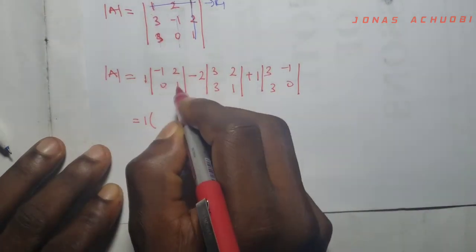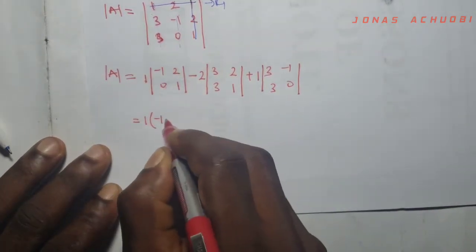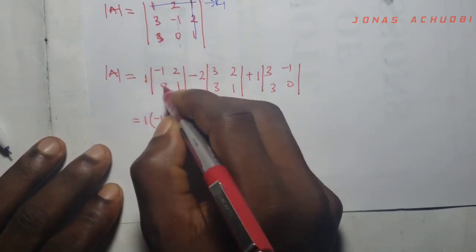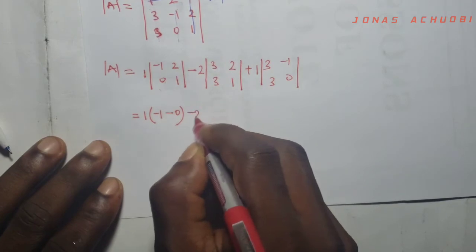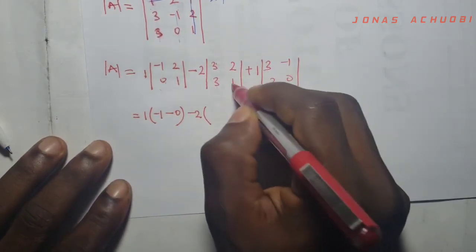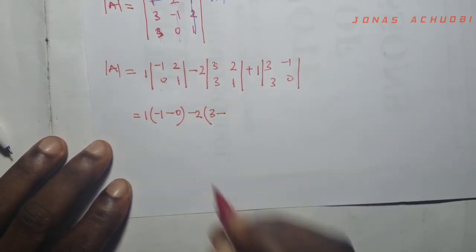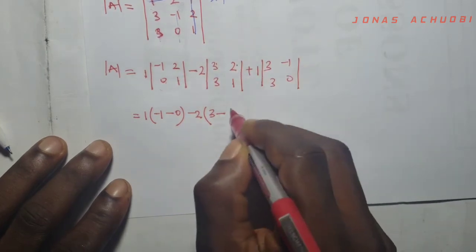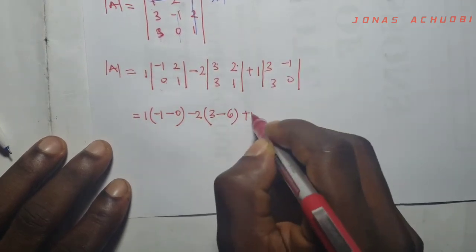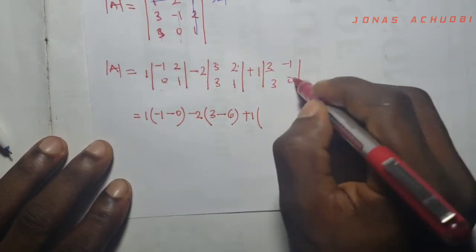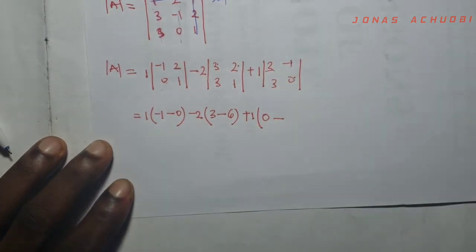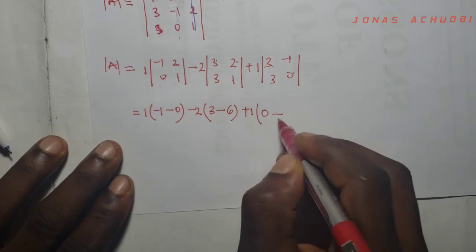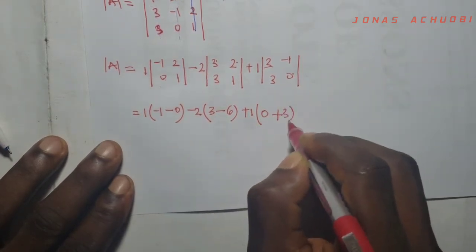So -1 times 1 is -1, minus 0 times 2 is 0. Then -2 times, 3 times 1 is 3, minus 3 times 2 is 6, plus 1 times, 3 times 0 is 0, minus 3 times -1 is -3. So -3 with the minus becomes plus 3.